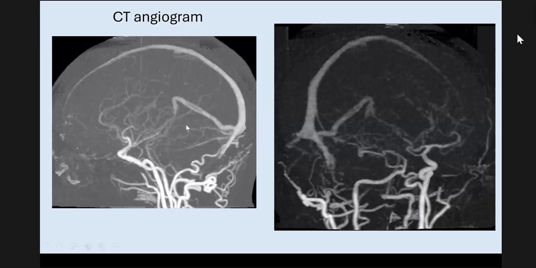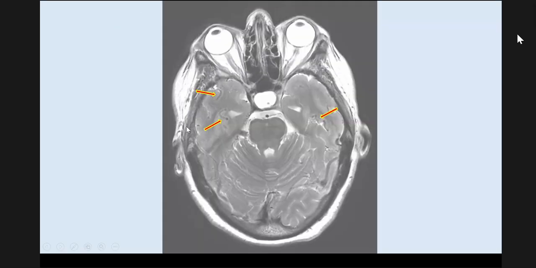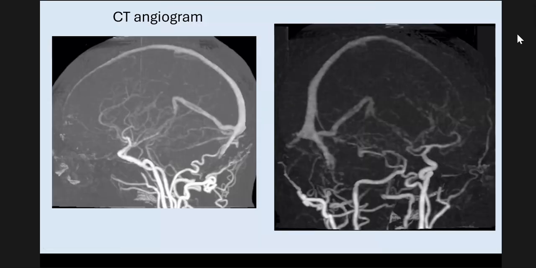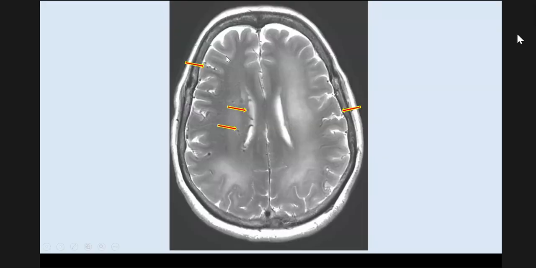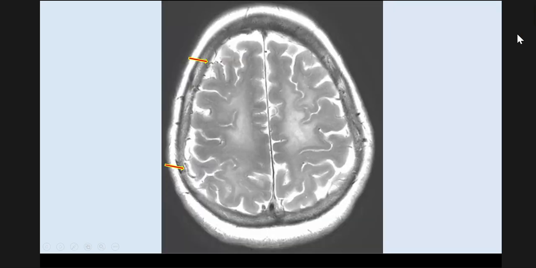Now these are the MIPs from a couple of subtracted CT angiogram images. And the reason we went for CT angiogram was due to the fact that we noticed these engorged vessels along the cerebral convexities, along the margins of the cerebral ventricles, particularly along the cerebral convexity.